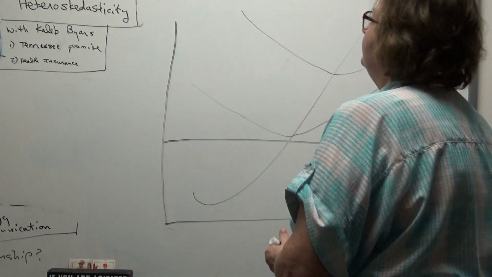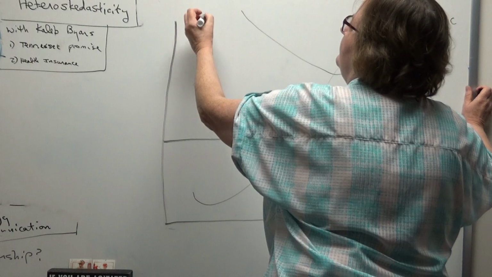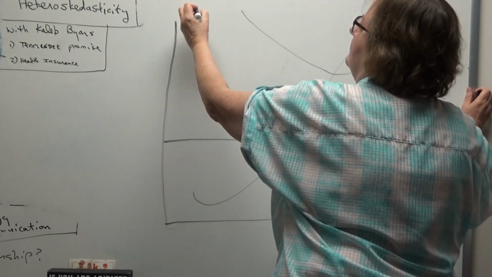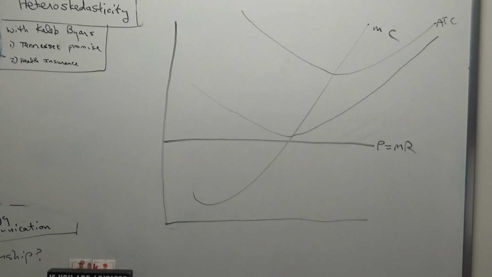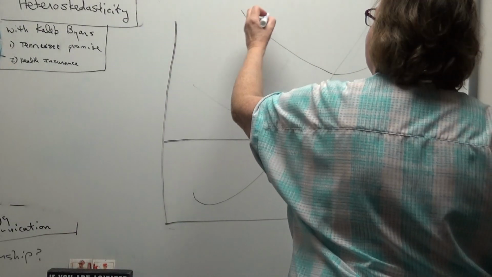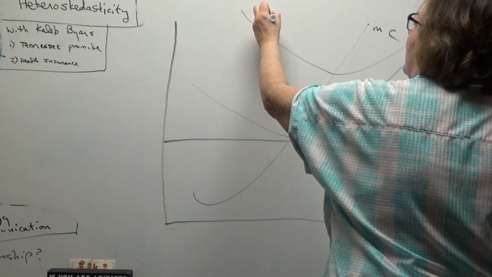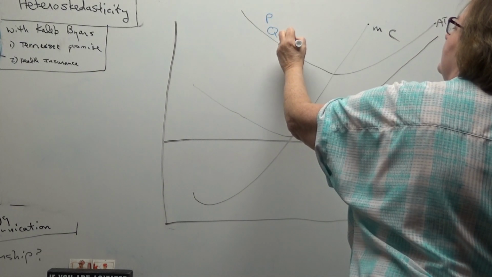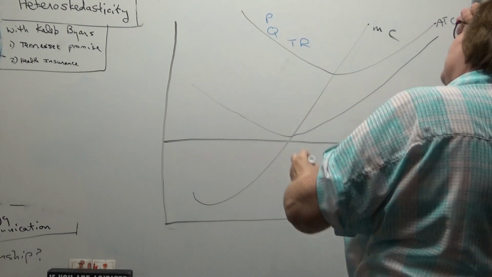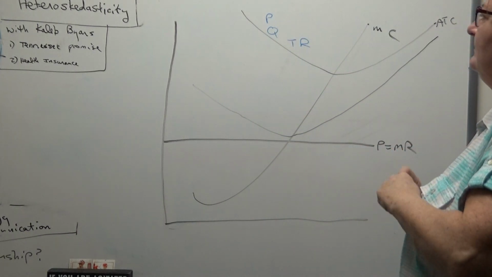So, again, I'll ask you these questions. Let's see how much is showing on the screen. Okay, so I can put stuff in right around in here about these levels. So price, quantity, total revenue. We'll start with those.